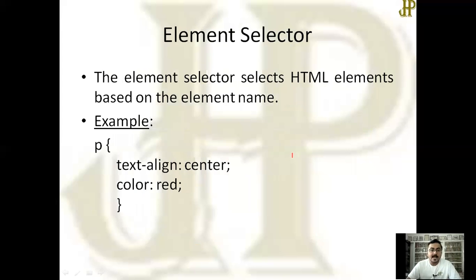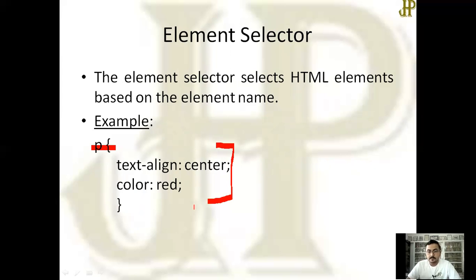So what is the element selector? As the name suggests, you are going to tell that this HTML tag has these properties. Here I am concerned about the paragraph tag and telling the web browser that all the paragraphs in the HTML file should have text align center and the color of the text is red.